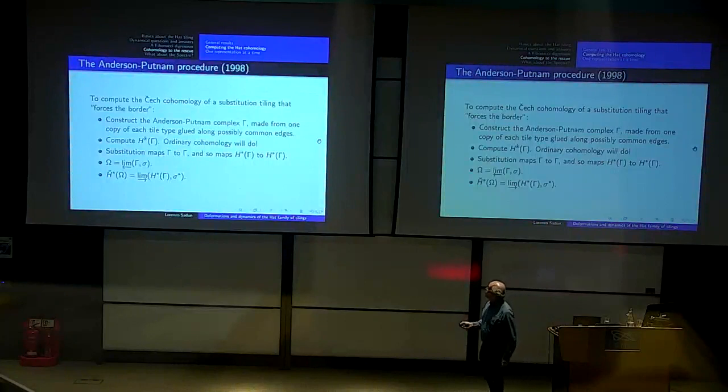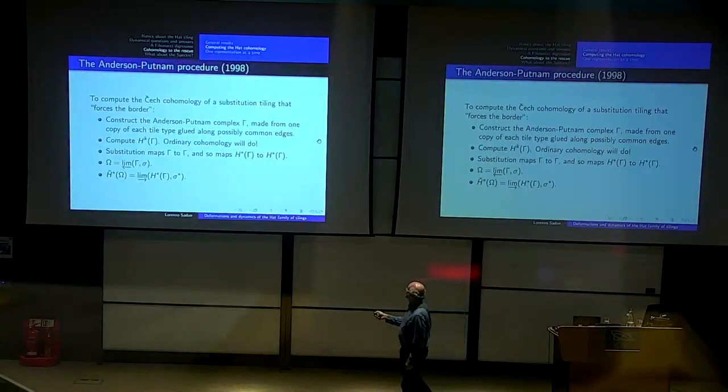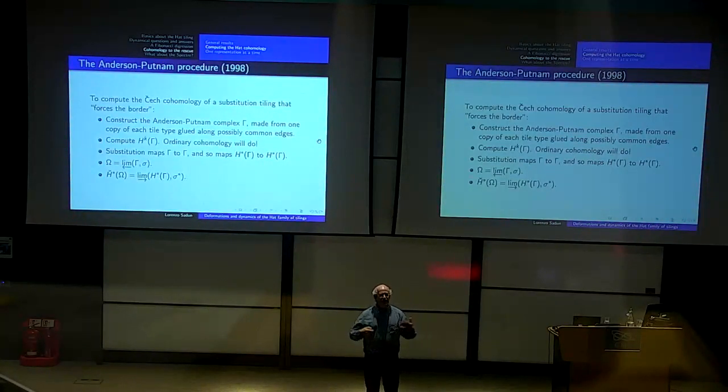And you then compute the cohomology of that thing, and now you don't need to worry about Cech cohomology, because with simple complexes, every kind of cohomology is the same as every other kind. So if you like to do simplicial, do simplicial. If you like to do cellular, do cellular. If you like to do singular, do singular. They're all the same.